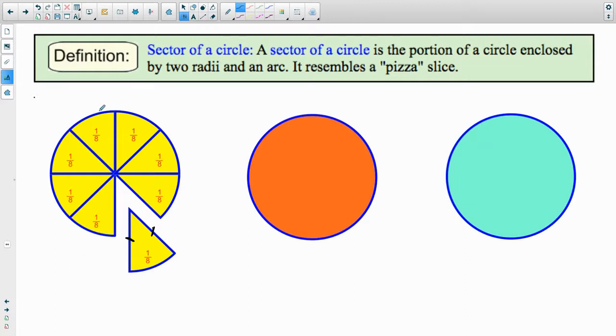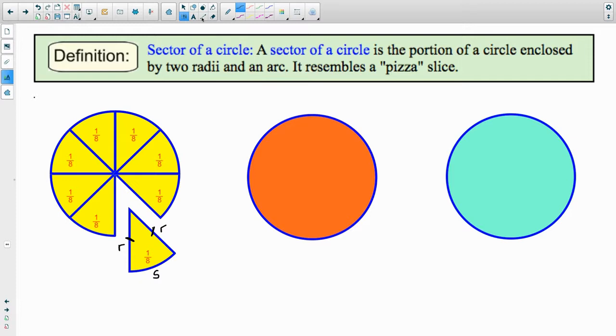And we've learned many times that the name of the part of a circumference is an arc. So it's an arc and 2 radii. And often, while we use r to talk about radii, we usually use the letter s to talk about arc length. So that's really what that figure is made up of, and that is a sector.